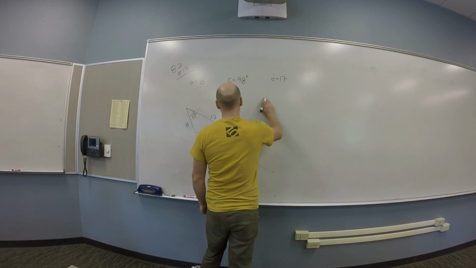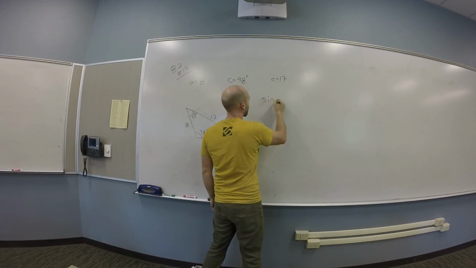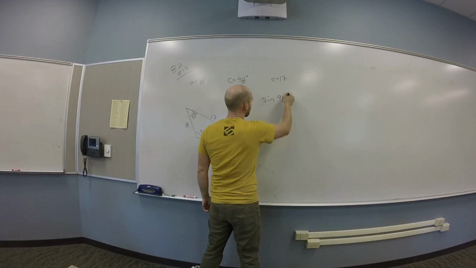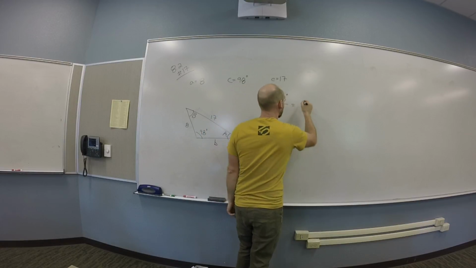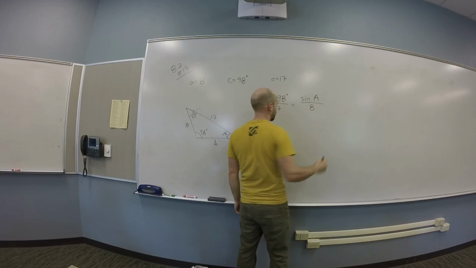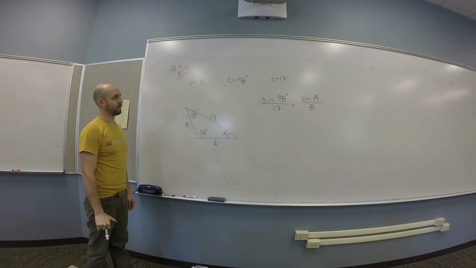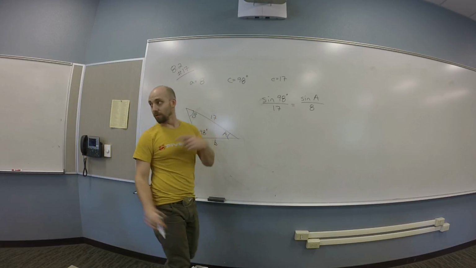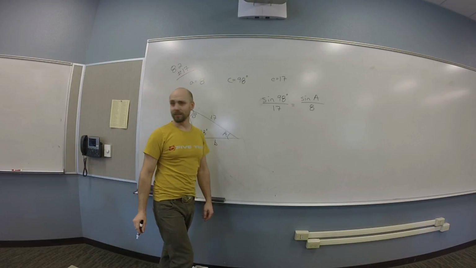Okay, so how do I set that up? Sine 98 over 17 equals sine A over 8. Then you cross multiply, or just multiply by 8.